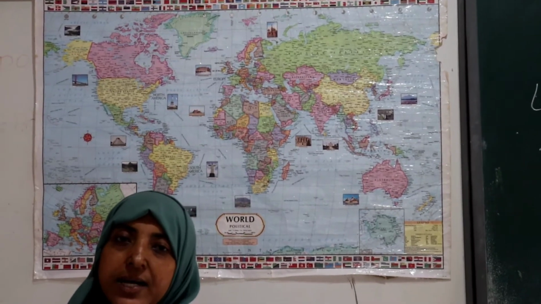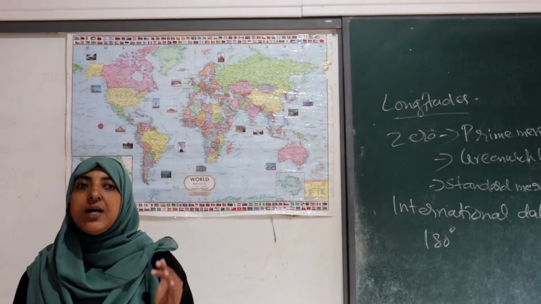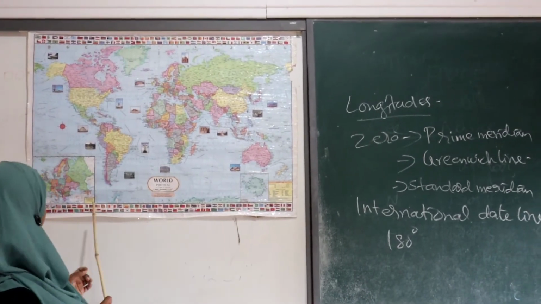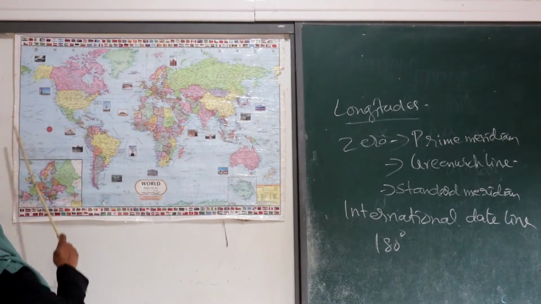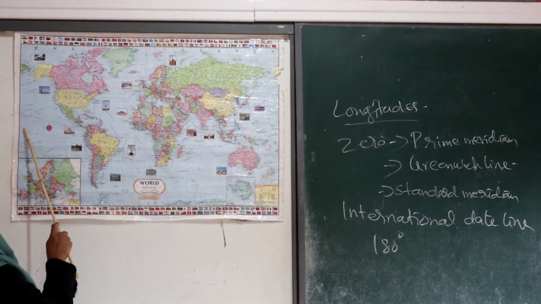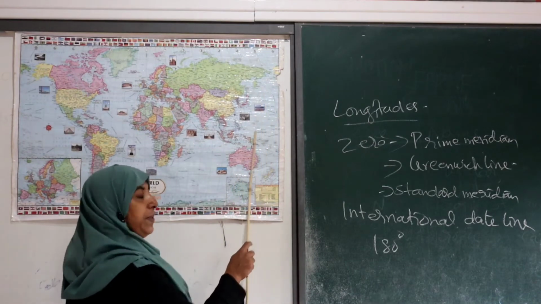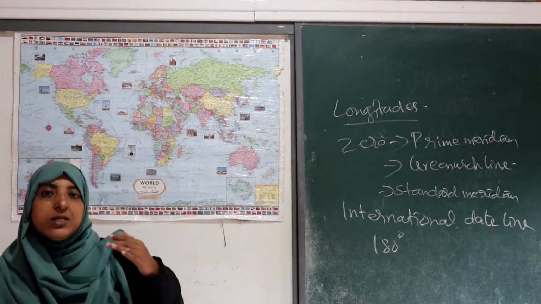Latitudes are in circle shape, but longitudes are not in circle shape, they are semicircles. You please note that. But in the case of international date line, it is not a semicircle, it is a zigzag one. Clear? Here also you can see a zigzag model. That means it is not a circle or a semicircle.